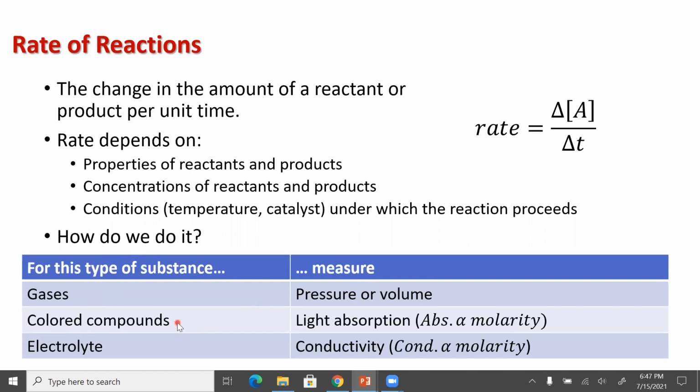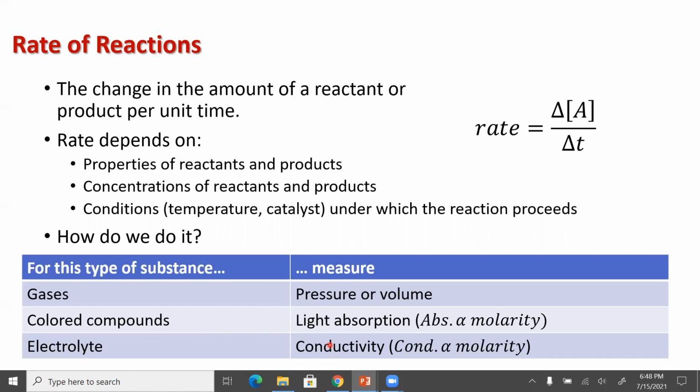If we talk about colored compounds, maybe the reactant is colored and the product is not colored, we could measure the change in light absorption over time. And that could tell us the rate of the reaction. Or maybe the reactants are electrolytes, which can conduct an electric current. We could use conductivity to determine the rate of the reaction.